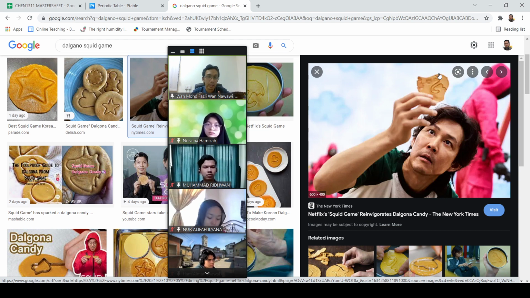But the idea is almost similar because the molecules inside this Dalgona are non-ordered. It's not like metal. It's disordered, but it's solid. It's as if something very molten, very hot, in liquid form, is suddenly frozen, so the molecules don't have time to rearrange themselves.